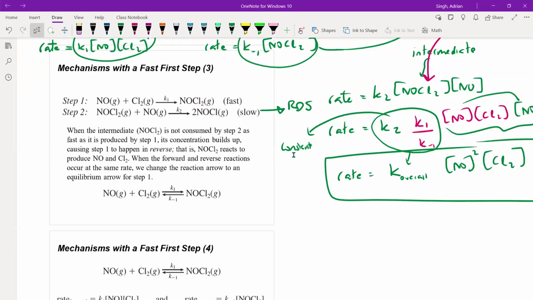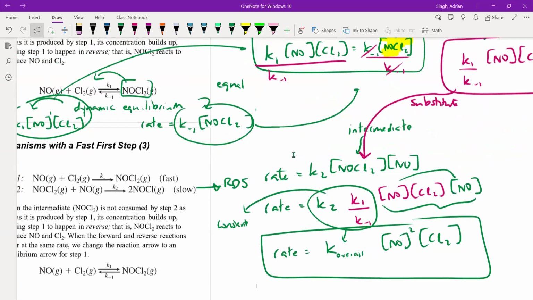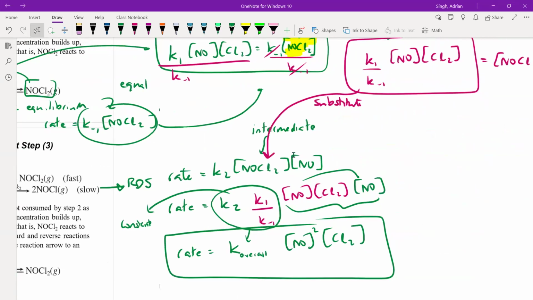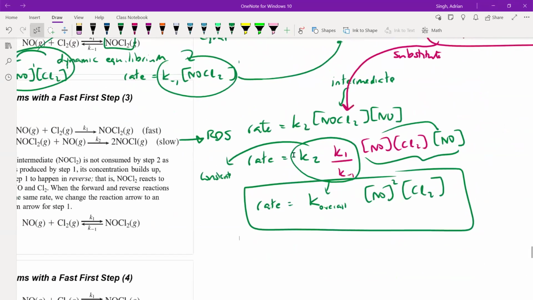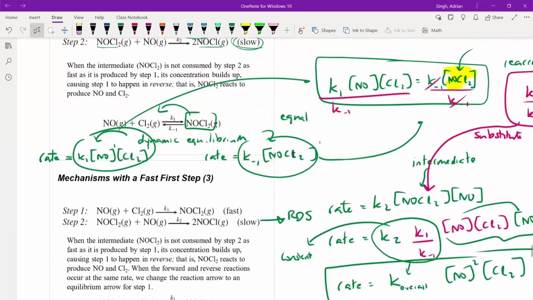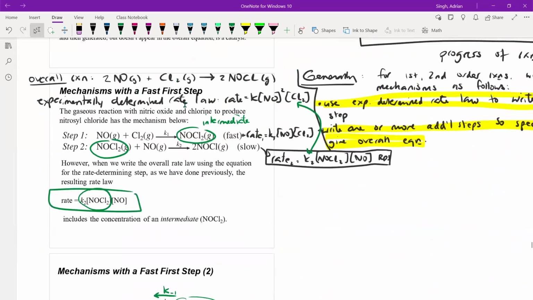Again, assuming that that is going to establish a dynamic equilibrium, and then writing the rate equations for the forward and reverse reactions, solve for whatever the intermediate was in that case, and then resubstitute it back into the rate law expression for the rate determining step. We end up with the rate law expression for the overall equation with respect to the reactants in the overall equation, not with any of the intermediates.